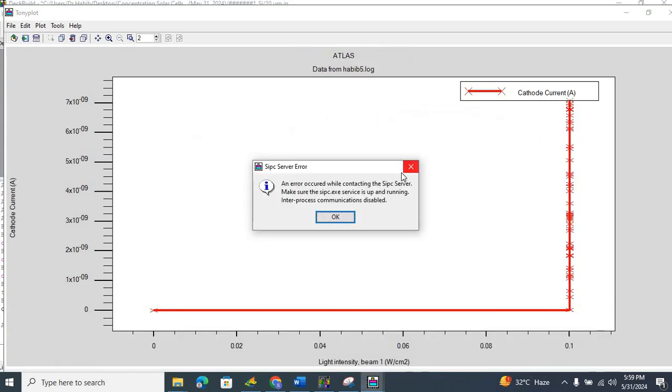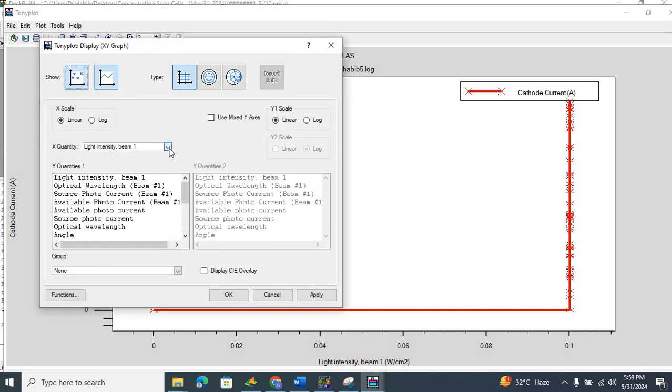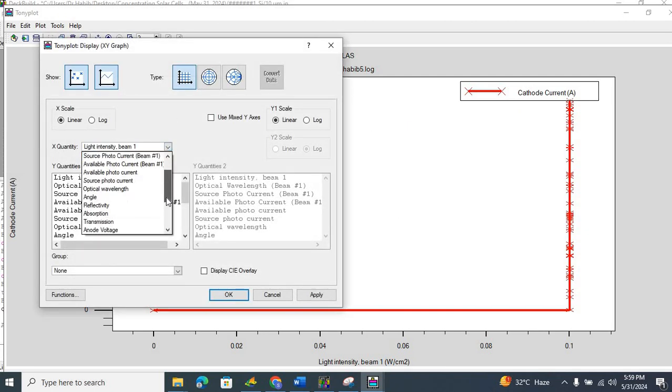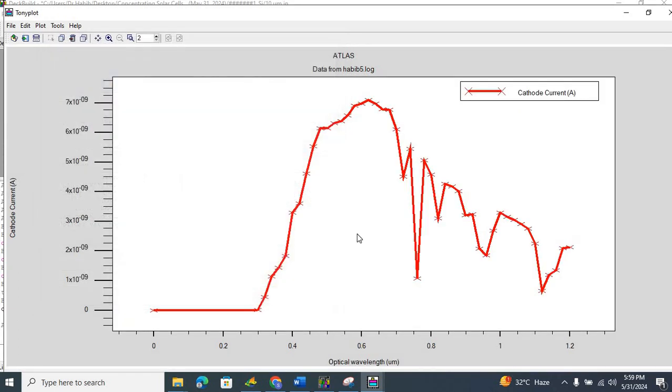We can also see the spectral response range of this silicon PIN solar cell. Here is the spectral response range of this structure.